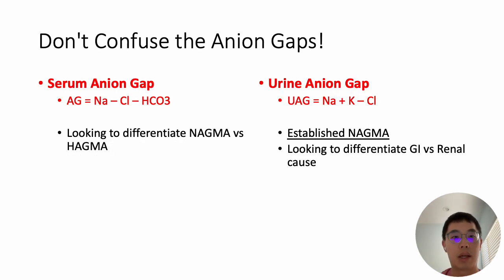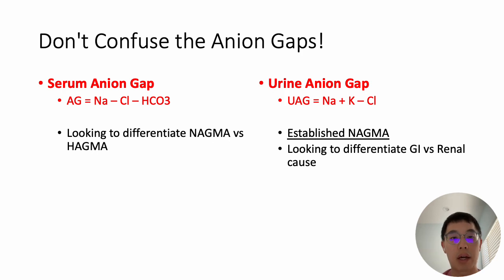Now that I've presented the anion gaps, I wanted to make sure that you are aware that there are two different anion gaps that we usually talk about. One of them is the serum anion gap, which is sodium minus chloride minus bicarbonate. We use the serum anion gap to differentiate between non-anion gap metabolic acidosis versus a high anion gap metabolic acidosis.